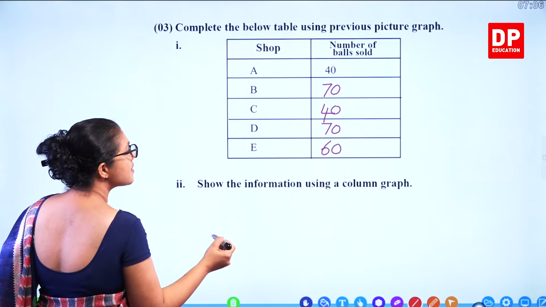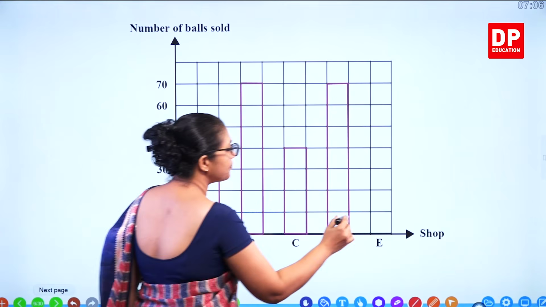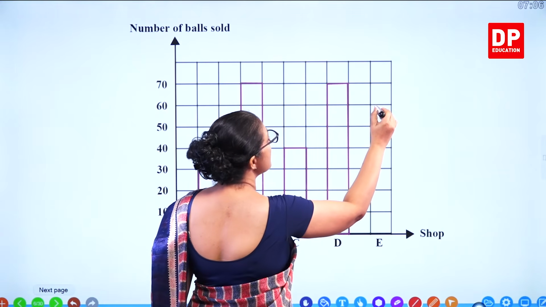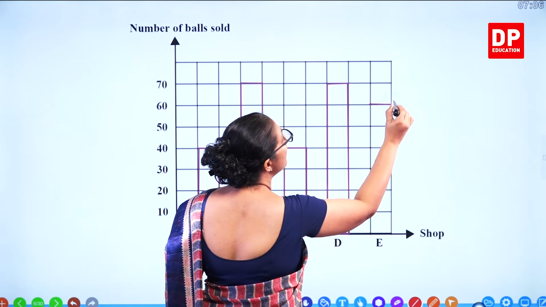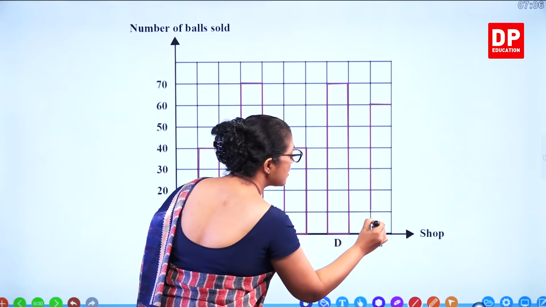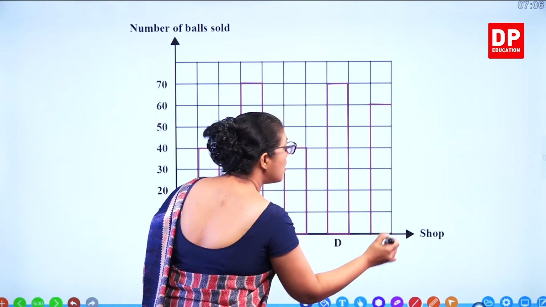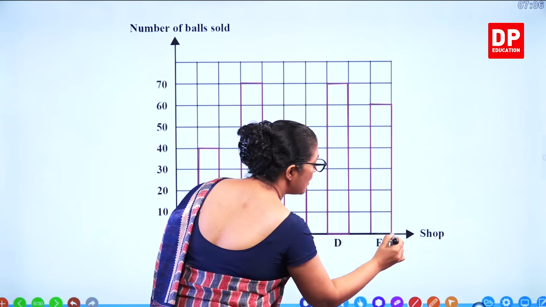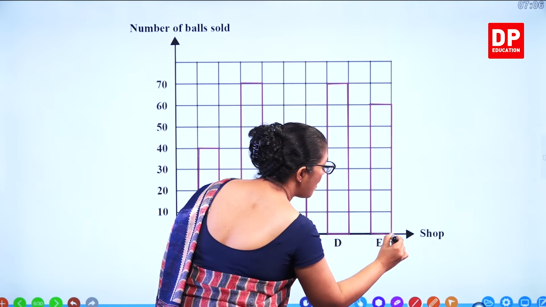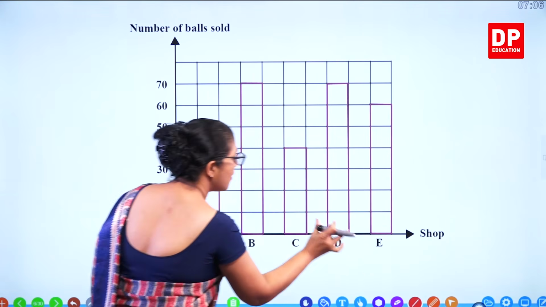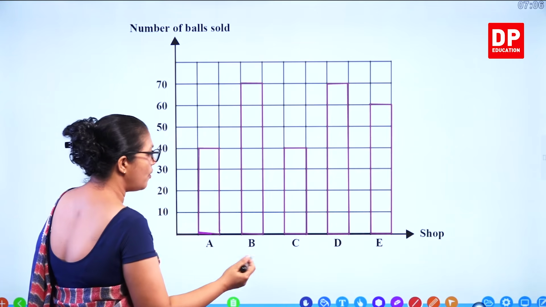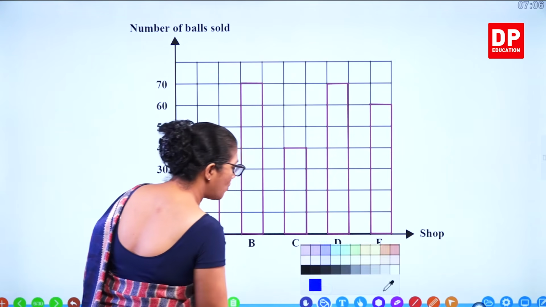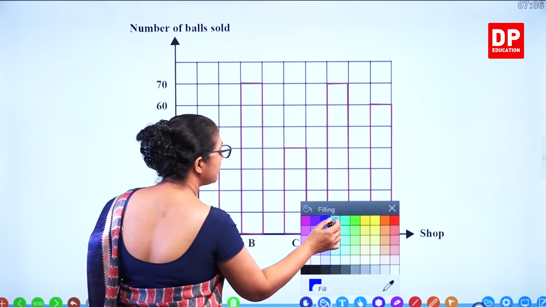And the other one is 60. 60 is here. Now look at the bar chart or bar graph, bar column graph, any name you can give. All the bars are with same width. Only height differs. So we'll put a color for that.